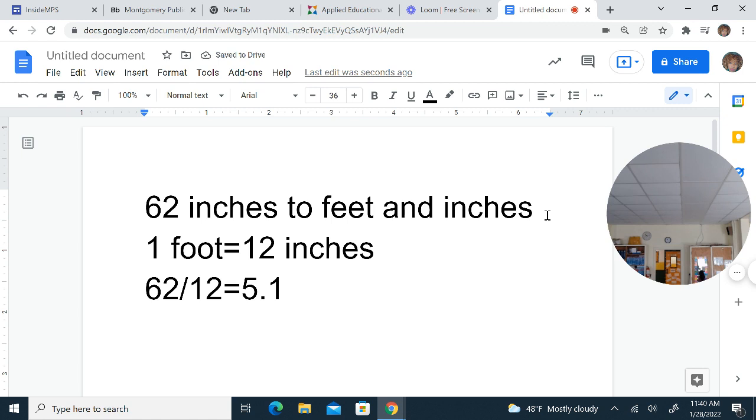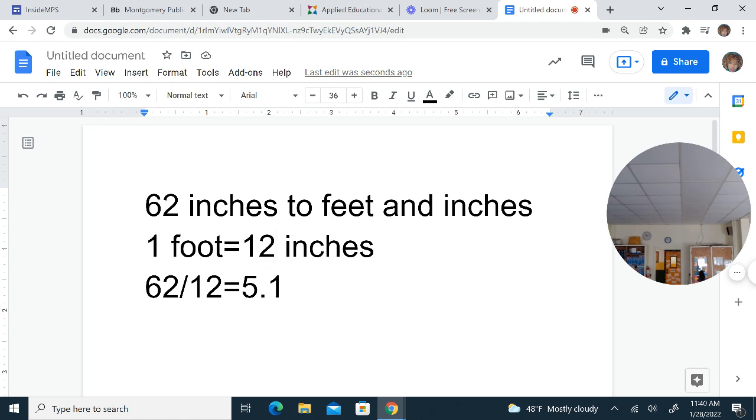You see that much? Okay. So 1 foot equals 12 inches. So we're going to take the 62 inches and divide it by this 12 inches. Is 5.1. So we know that we have 5 feet. We know that so far. So we got our 5 feet. Now we got to figure out our inches.